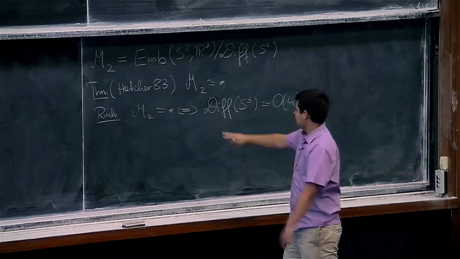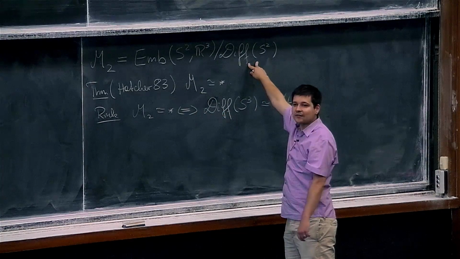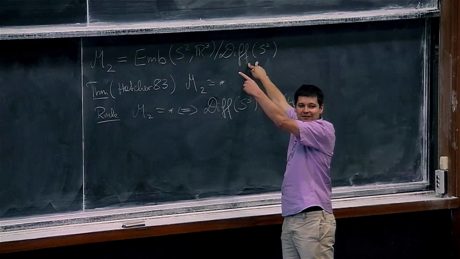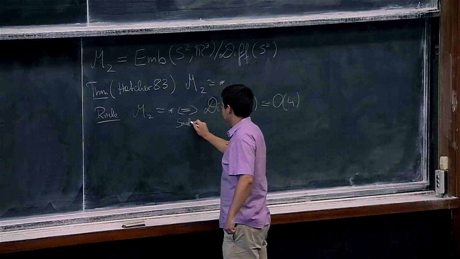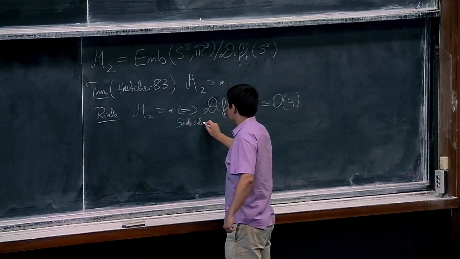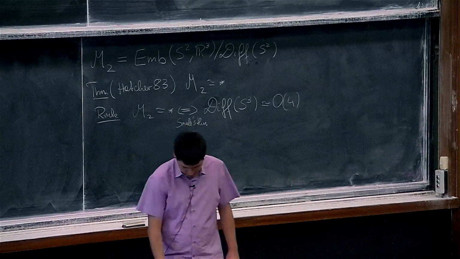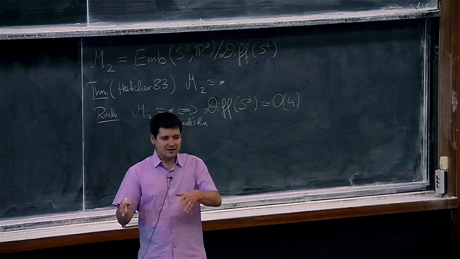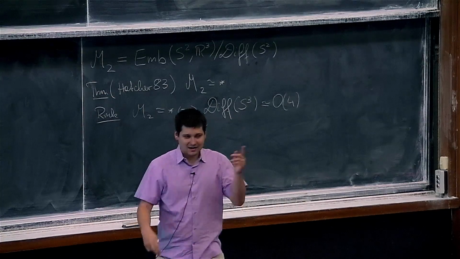To do this topology exercise, you have to know what Diff S2 is, so you have to use Smale's theorem. Meaning always, if you know one dimension, then you can do this reformulation in the next dimension.